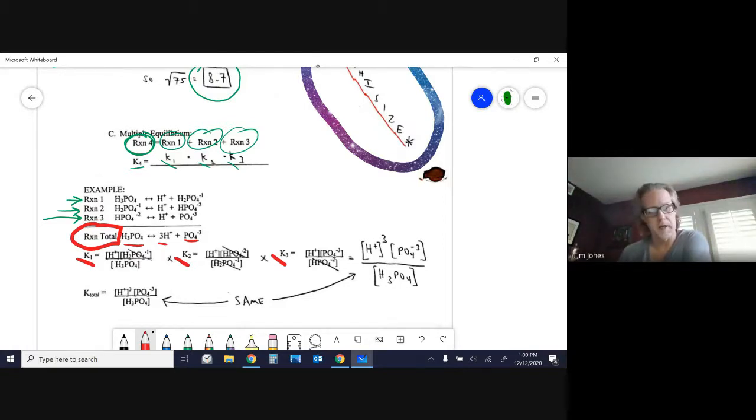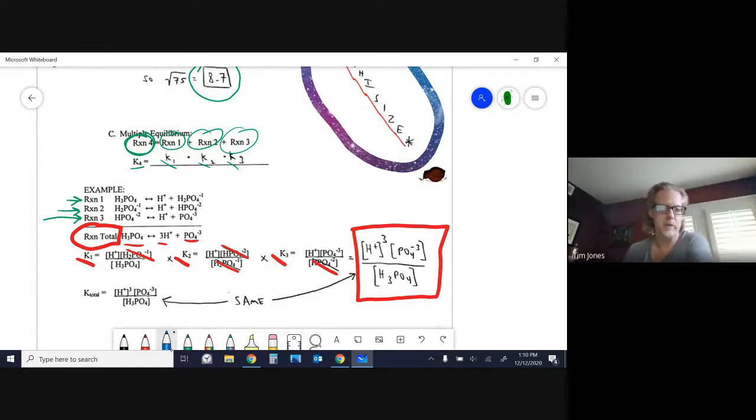But if you multiply them, you end up canceling here and here, here and here, and you end up with this expression, which matches what we would have gotten if we just wrote the K expression for this right here. We would have written that, and they match. And so this is a proof that multiplying equilibrium constants is appropriate when adding reactions.